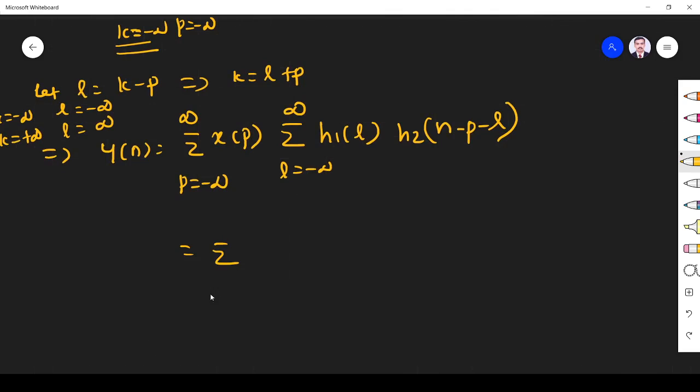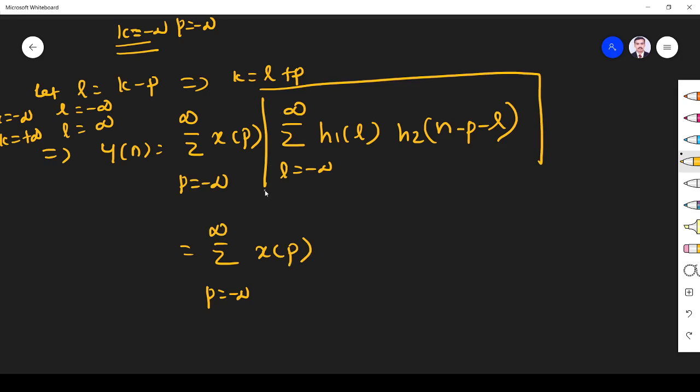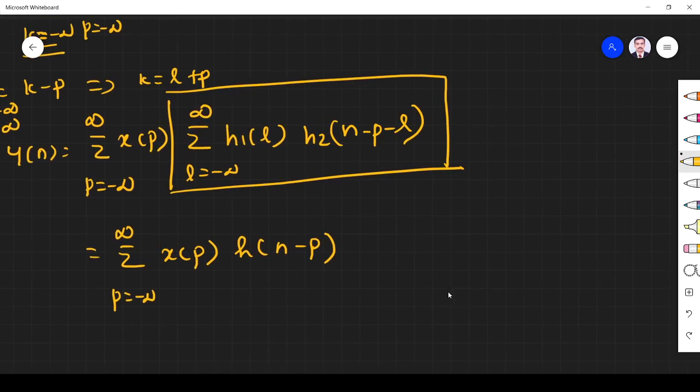So now the summation goes from minus infinity to plus infinity. X of p, this area, in this part I write as h of n minus p, right? Why am I writing this as h of n minus p? You see, this equation appears as a convolution between h1 and h2 of n minus p.